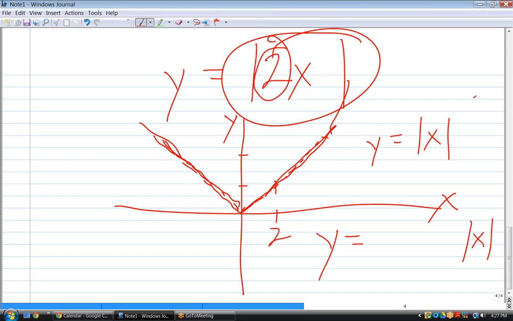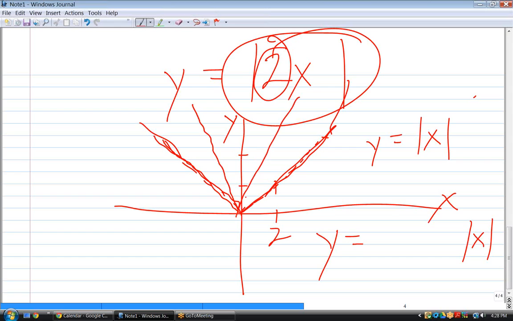It works in the opposite way as the vertical stretch factor does. In other words, vertical stretch factors happen when the outside number is greater than 1. Horizontal stretch factors happen when the inside number is less than 1. If I said the absolute value of 2x, like this, that would act as basically the same thing as a vertical stretch.